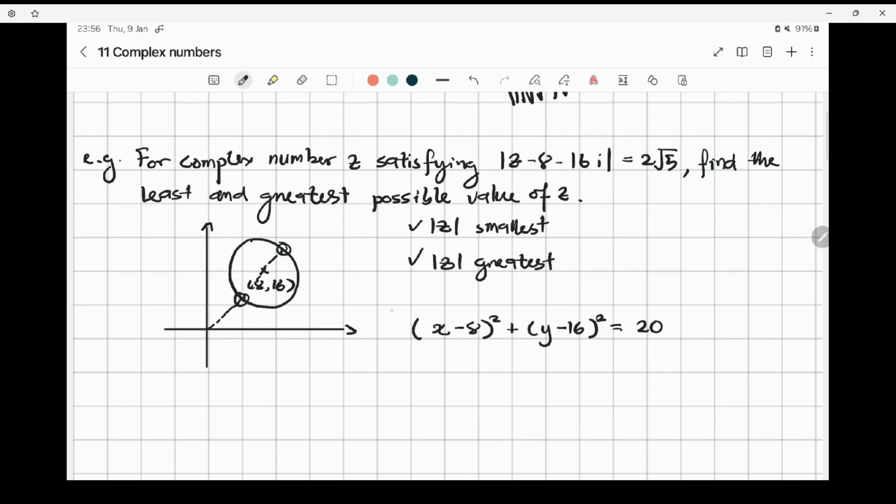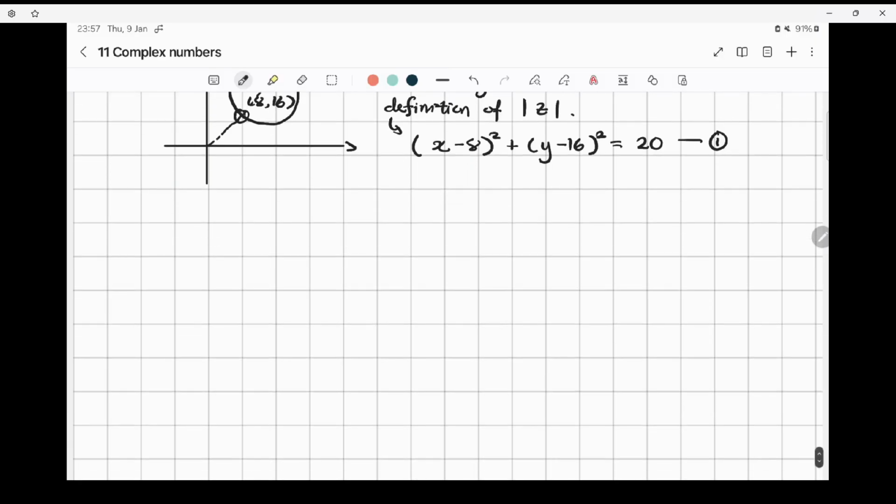How do I derive this? Basically you use the definition of the modulus. So this will be our first equation.